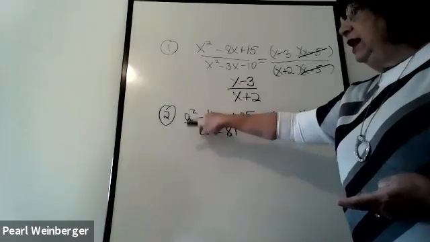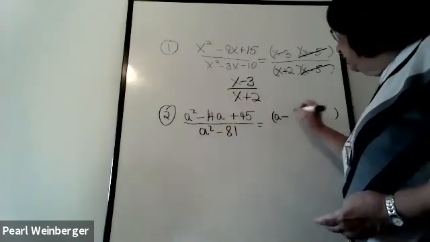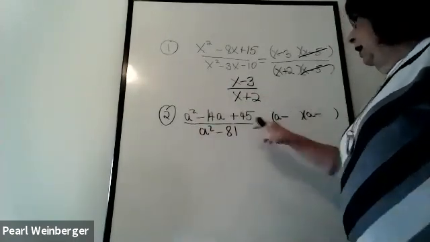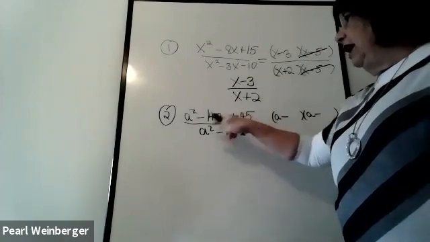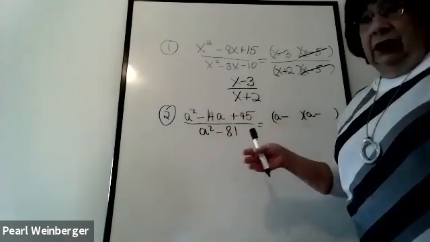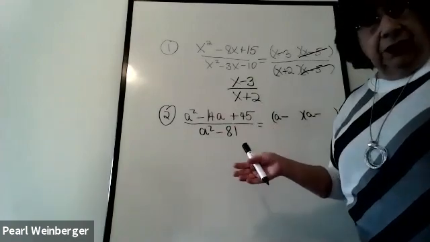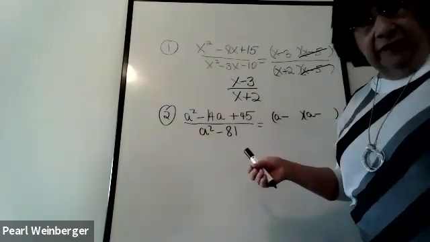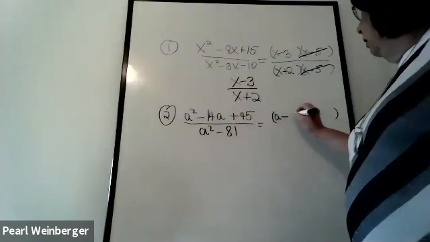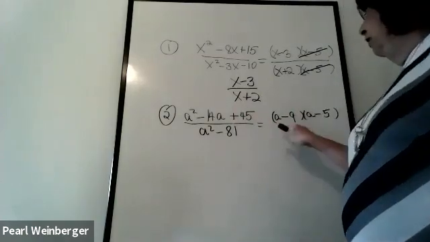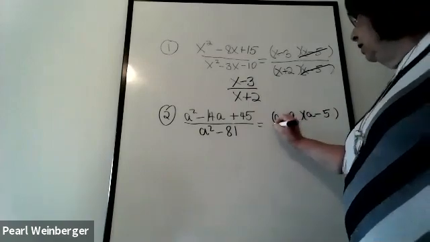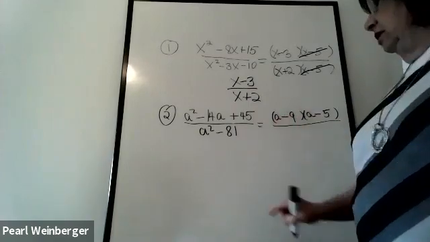The middle is negative, so both signs are going to be negative. I'm looking for two numbers that multiply to 45, but when we add them, give me 14. I think everybody might realize it's 9 and 5. 9 and 5 add up to 14, so I'm going to put a 9 and a 5. It doesn't matter which you put first, because these both have minuses.